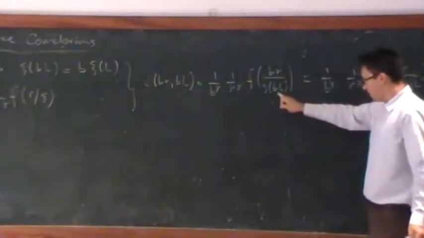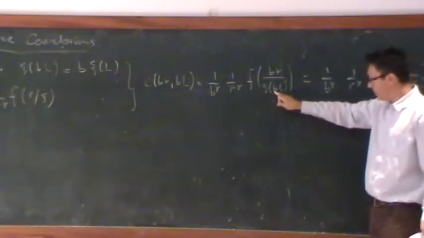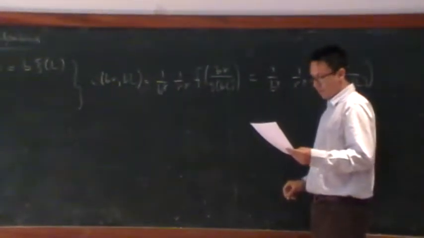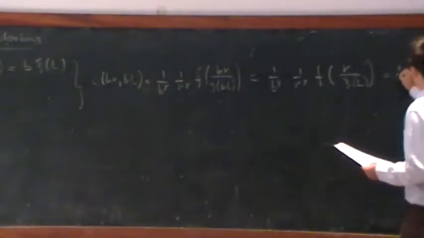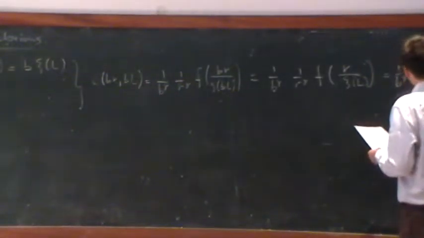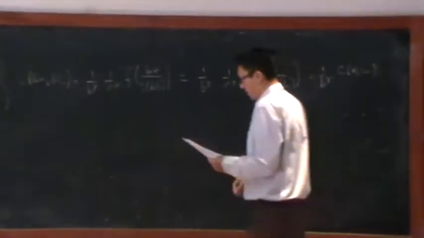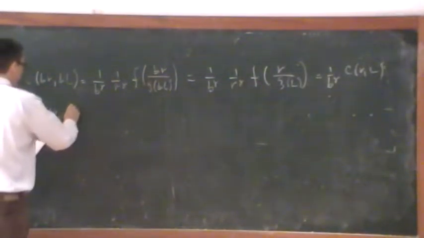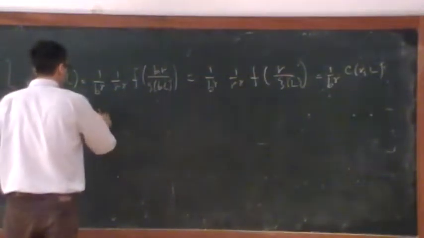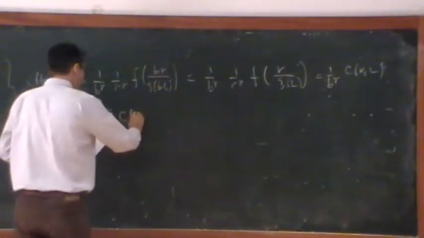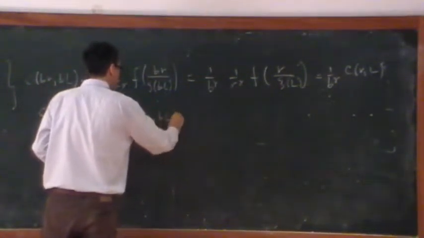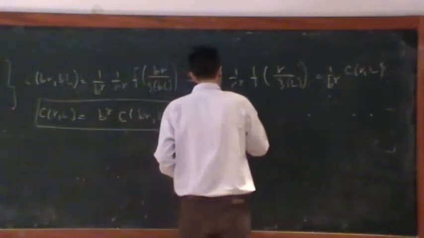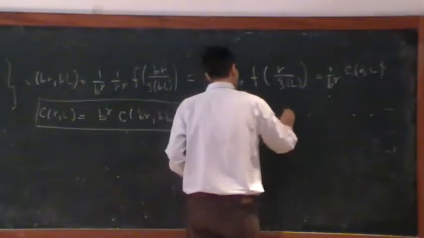So the trick is that the B coming out from here cancels this B. Okay? And this is simply 1 over B to the gamma of the C of R L. So we get the scaling invariance of the correlation function. That C of R L is equal to B to the gamma C of B R, B L. Scale invariance.